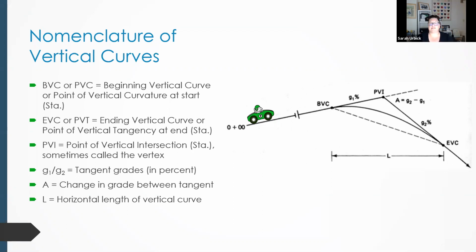A is basically the change in grade. So in this example, we've got one grade that's coming up this way. We've got another grade that is negative in value. So if we were to take the difference between those two, my second grade is a negative value.